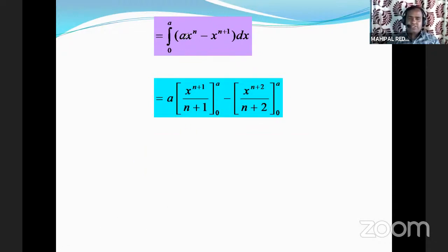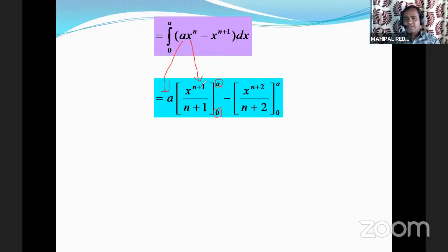We have to do the integration. This a outside I have written as it is. X power n integration, we know that is x power n plus 1 by n plus 1. This is the first formula we learned in the 6th chapter. And lower limit is 0, upper limit is a.